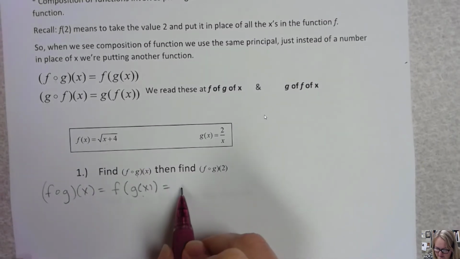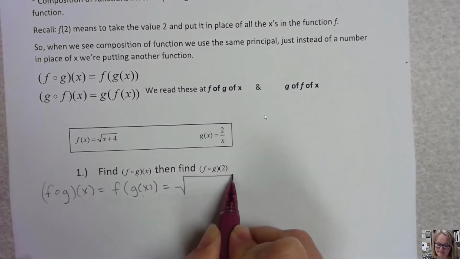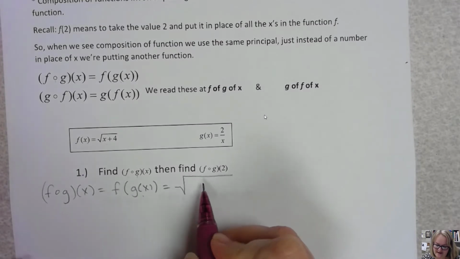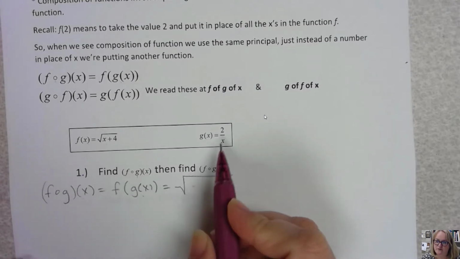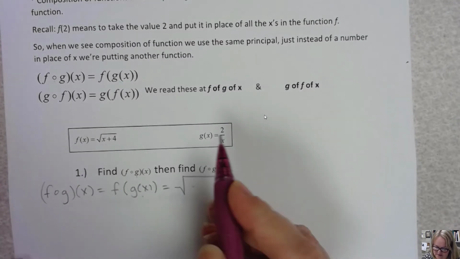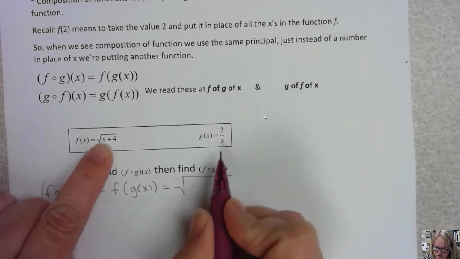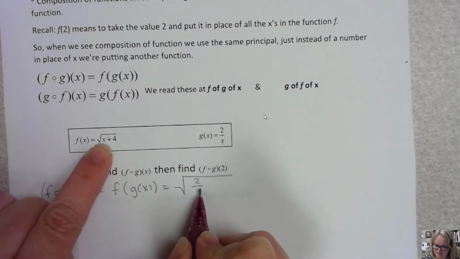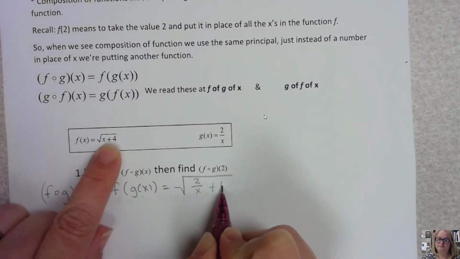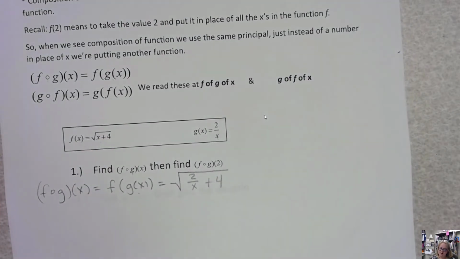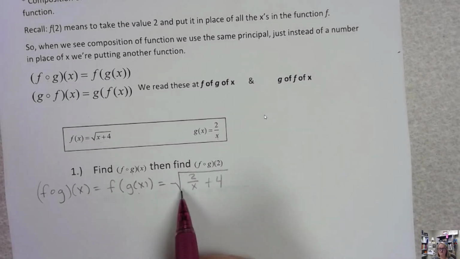So I say the square root of x plus 4, but instead of x, I'm going to put the function g. Instead of this x, I'm going to replace it with 2 over x, plus 4. And this is now f of g of x.